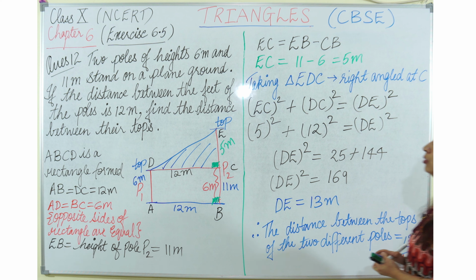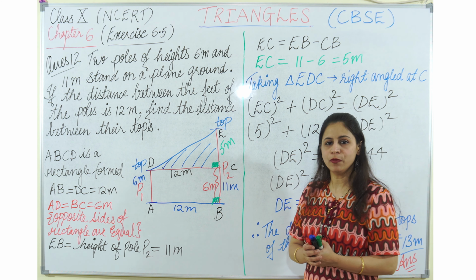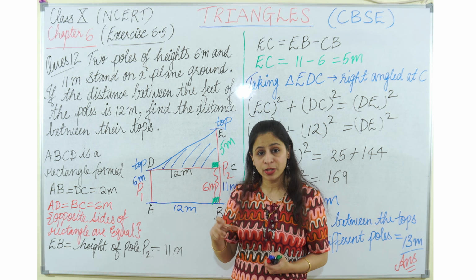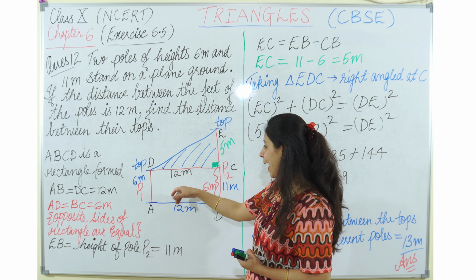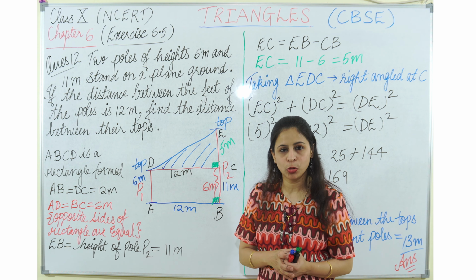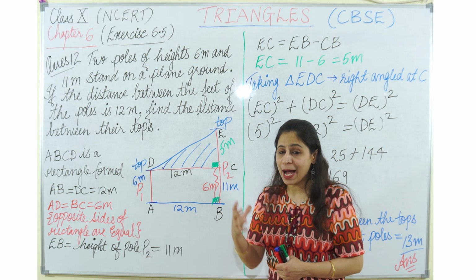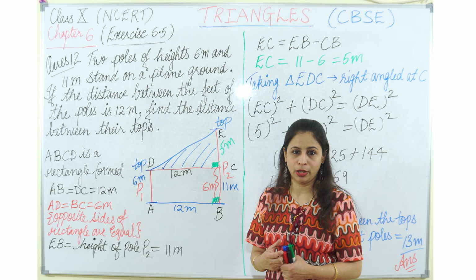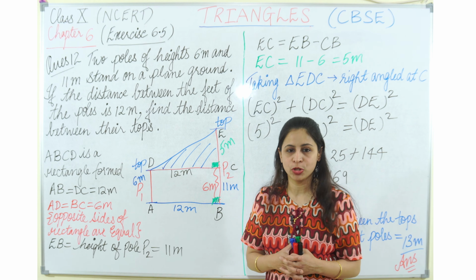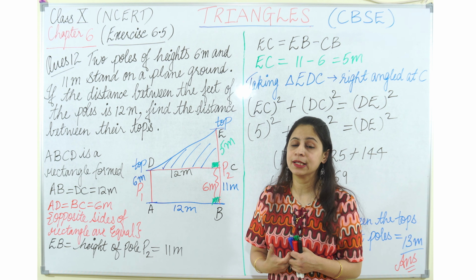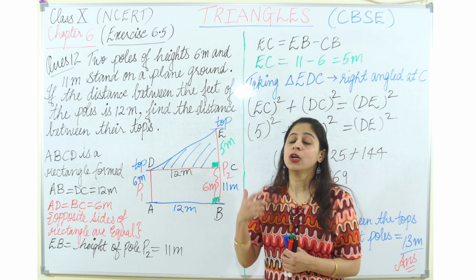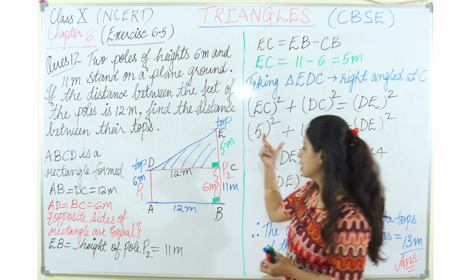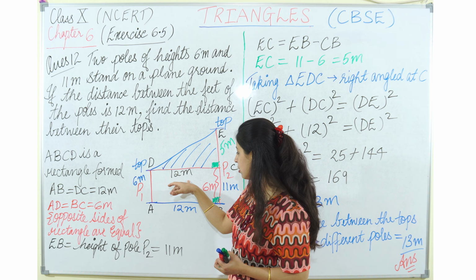In this manner we need to solve such type of questions. The main thing was applying the correct concept of rectangle as well as the correct concept of right angle triangle, and the application of the Pythagoras theorem, which is utmost important. The Pythagoras theorem itself is very important, and how to apply it is another important factor. Firstly, we found out the parameters.